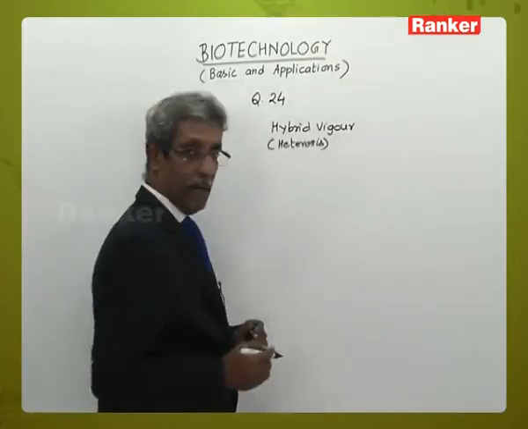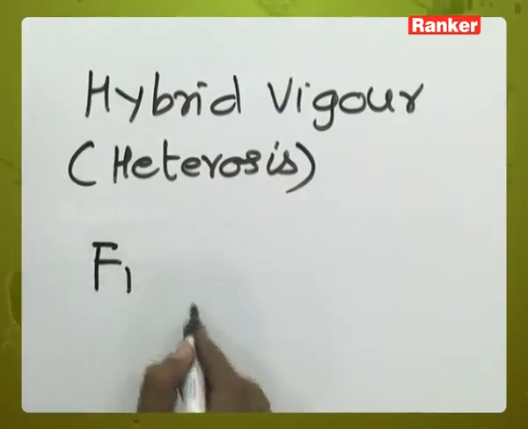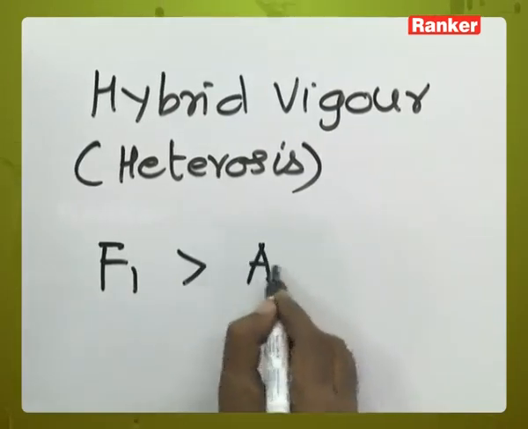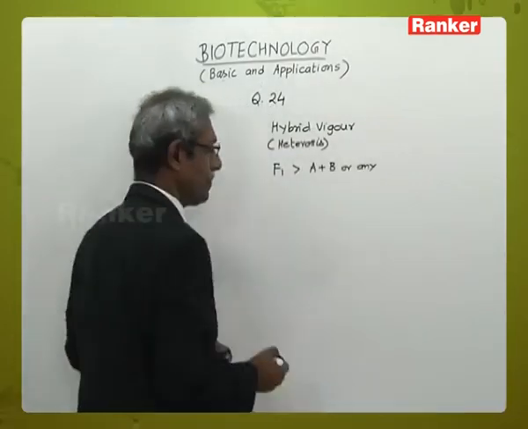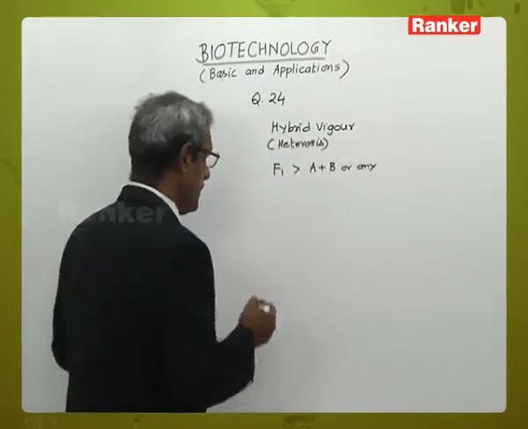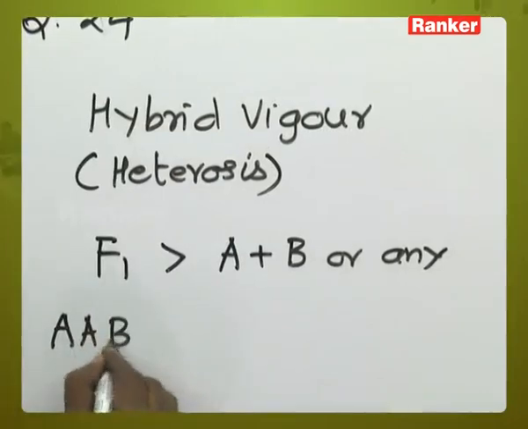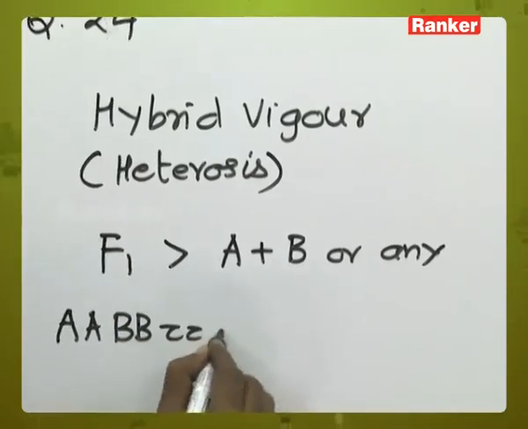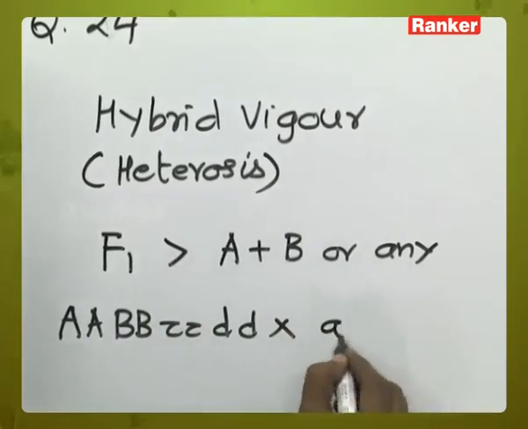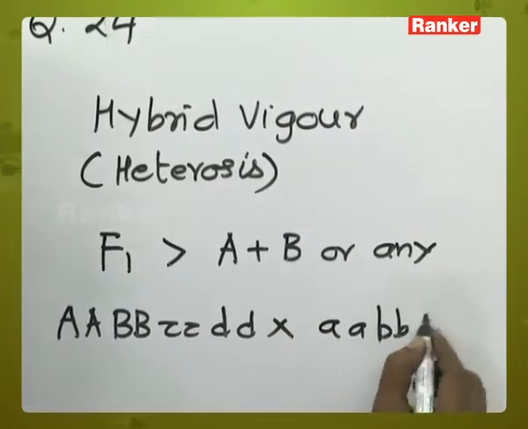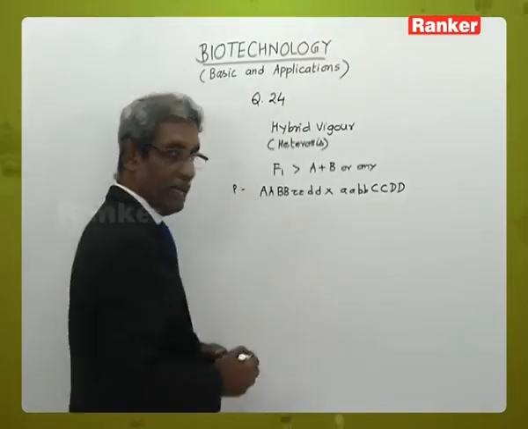Now, when you take hybrid vigor, we understand in hybrid vigor always the F1 is superior to both the parents or any of the parents. You take an instance wherein you have one of the parents as capital AA, capital BB, small c, and small d. It is crossed with another parent who is small a, small bb, capital C, and capital D. These are the parental lines.